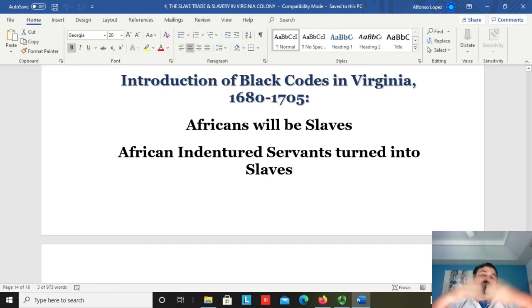There will be massive unrest and revolts, of course, eventually. So they decided we need to replace the system of labor. Stop importing indentured servants, okay? And instead, let's replace indentured servitude with a labor system that will be permanent, more stable, but most importantly, permanent.